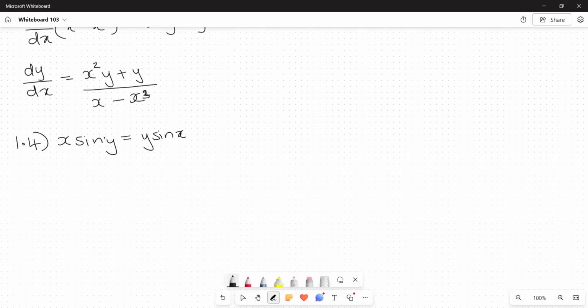x sine y is equal to y sine x. We find the derivative dy/dx. Okay, so on the left-hand side, we have to use the product rule. The derivative of x is 1. Then we multiply by sine y, the way it is. So 1 times sine y is just sine y. And then we have x, then the derivative of sine y, we have cos y.